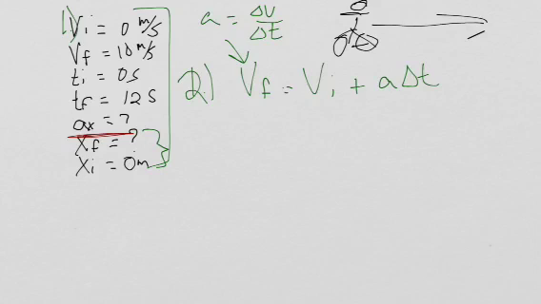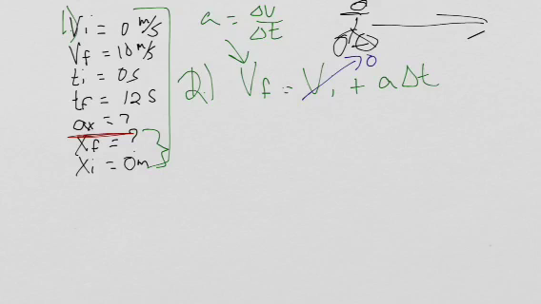So, how do we rearrange this? First of all, can we cancel anything out here? What gets crossed off here? V initial is 0. You're starting at rest. Get it out of there. We're leaving it at delta T because it's just going to be T final.